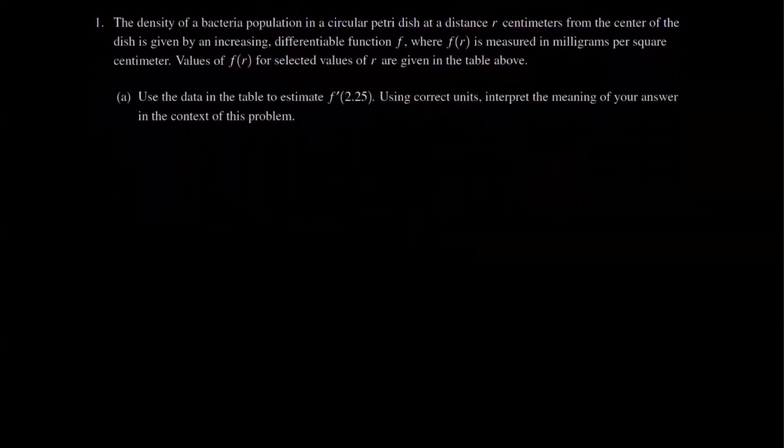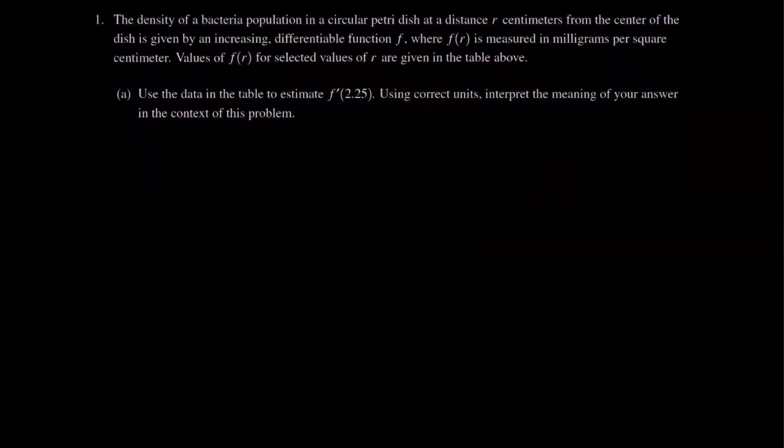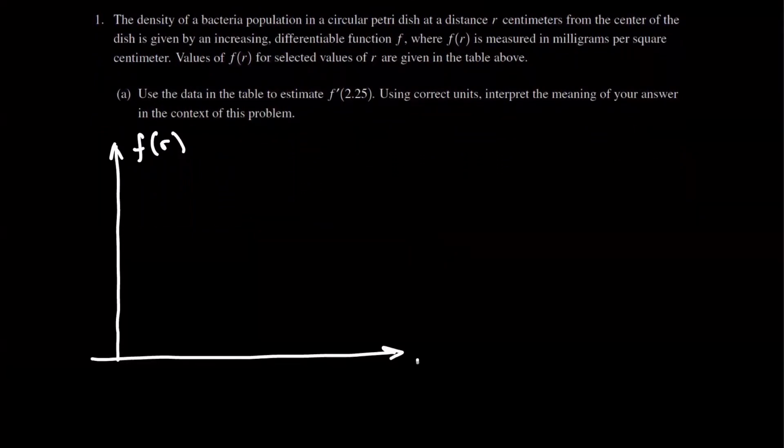Let's sketch a little graph here. This is f of r, this is r, and there are 2 points here, 2 and 2.5, and this is not up to scale. I just want to make it a little wider. This point here is f of 2.